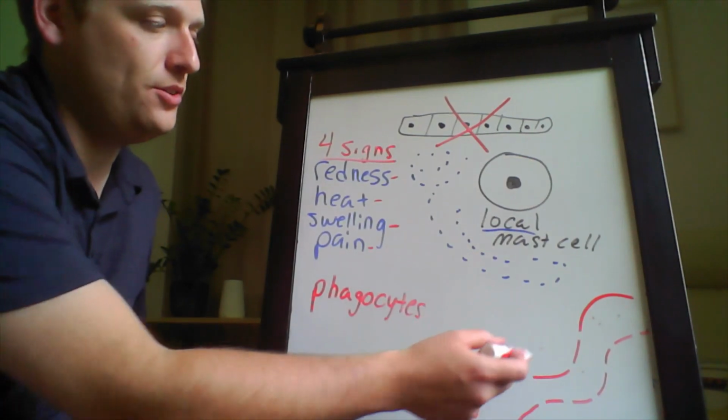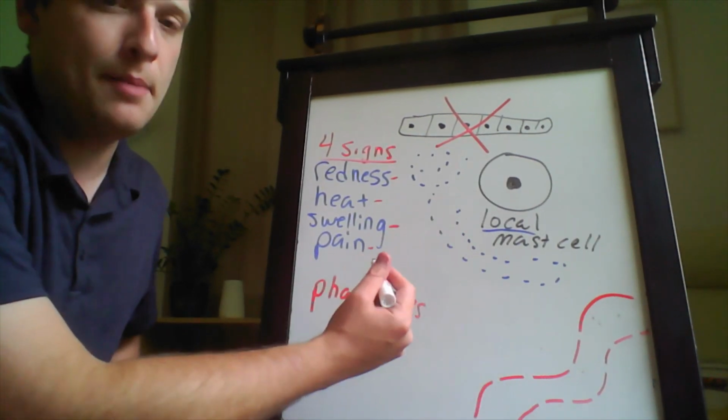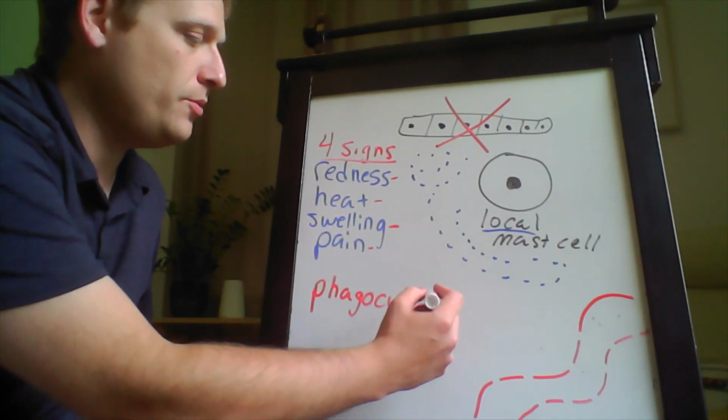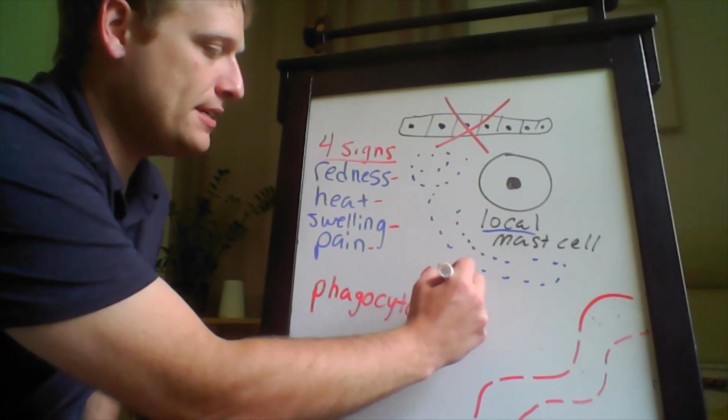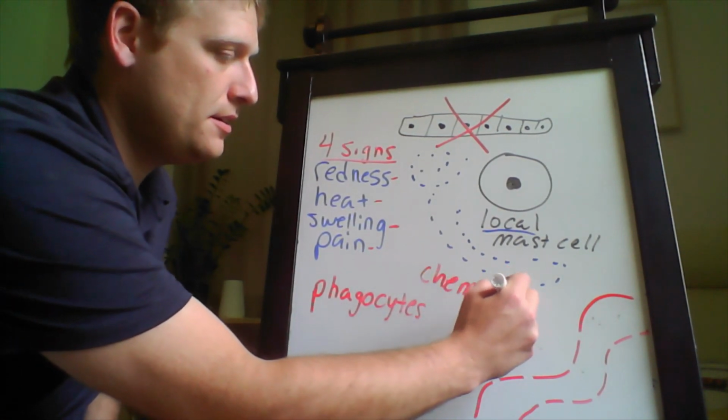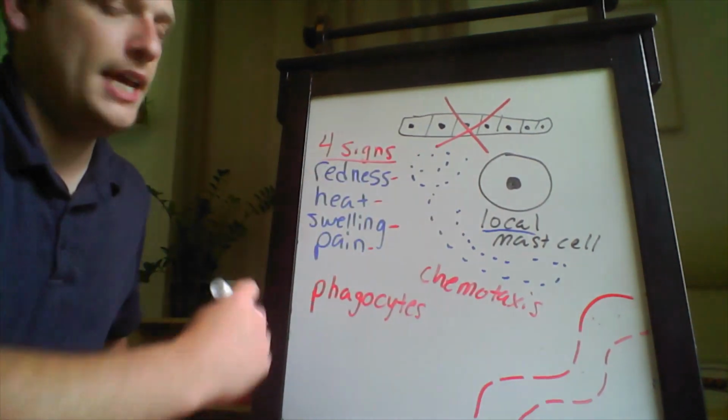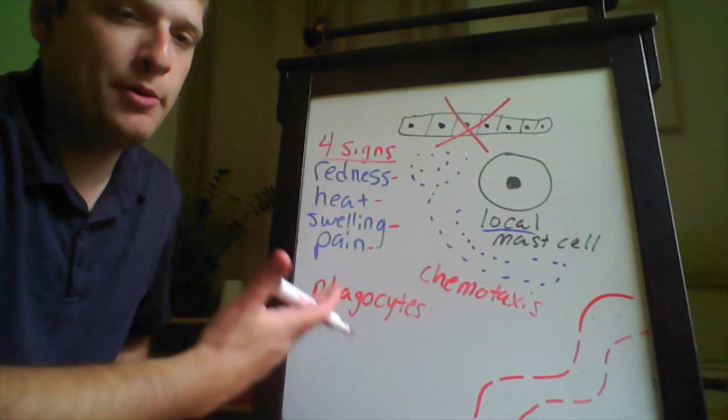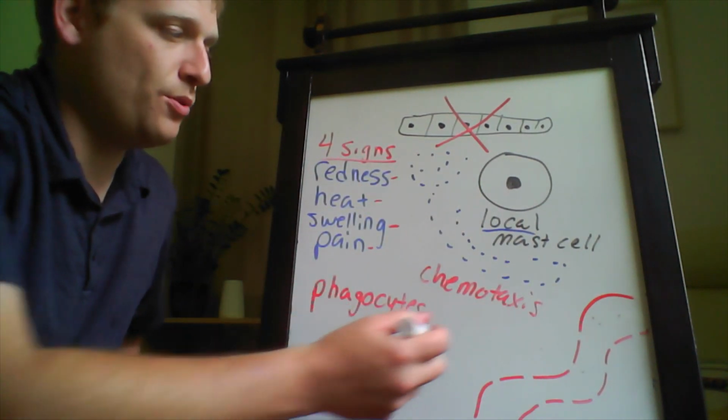In addition to increased blood flow and leaky capillaries, we mentioned this term chemotaxis. And chemotaxis, again, is a chemical signal that cells will follow.